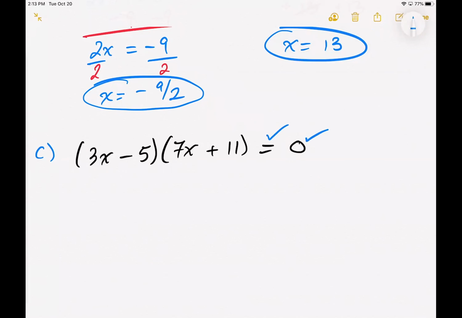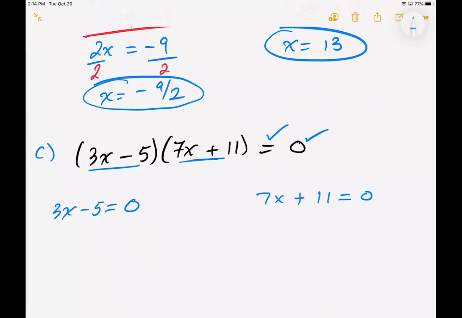Well, all you need to do is take the first parenthesis and set it equal to 0, take the second parenthesis and set it equal to 0. Once you do that, all you need to do is solve for x, get x by itself.